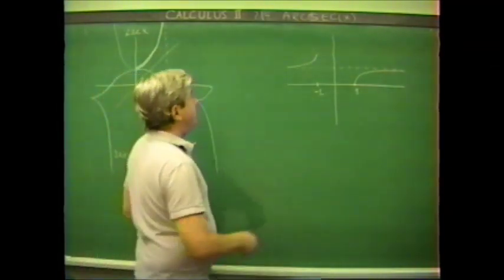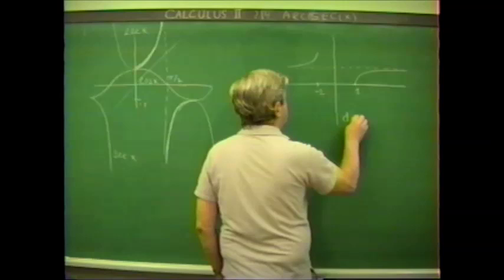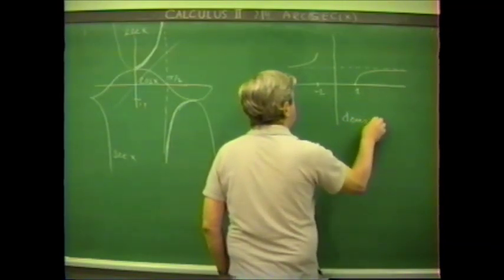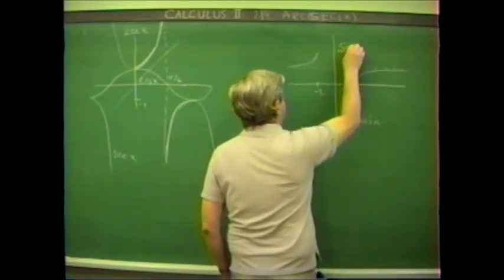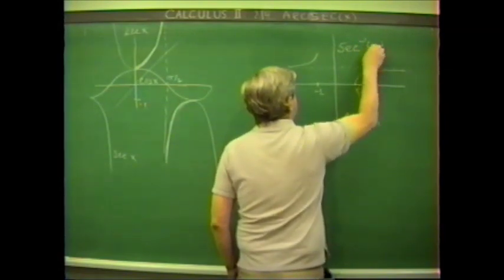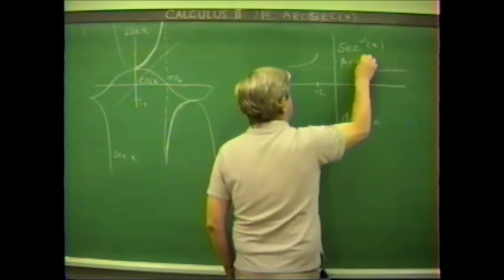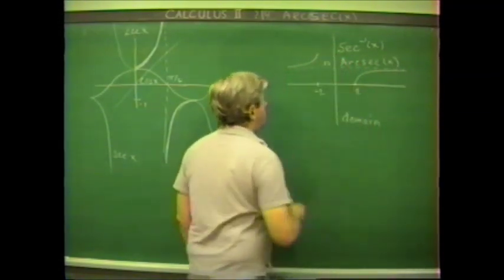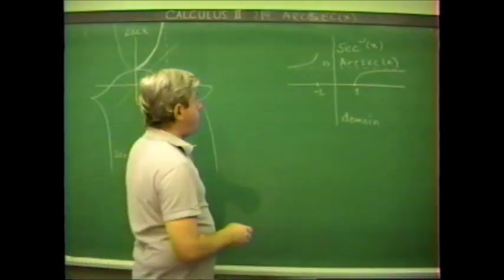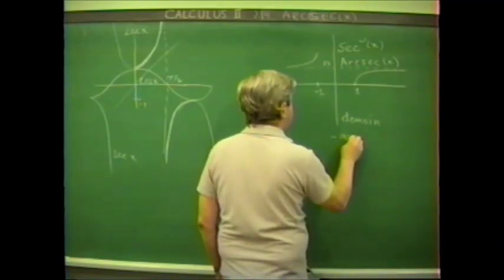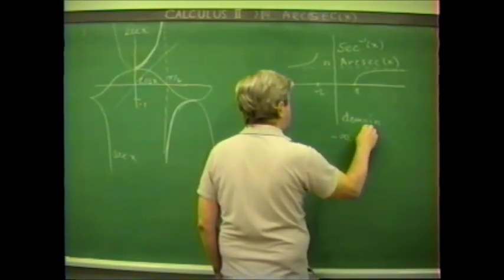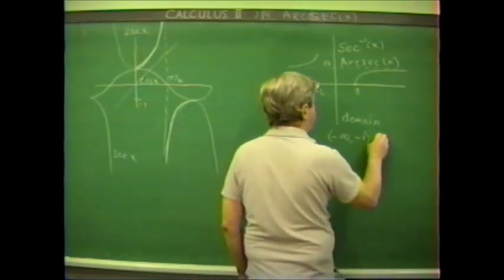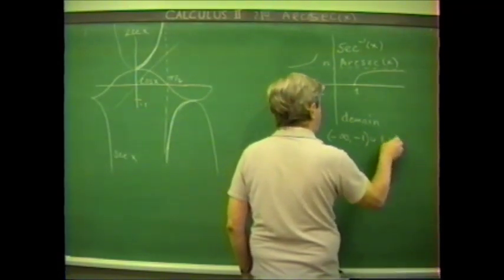So that the domain, this is the secant inverse, or arc secant, the domain is going to be minus infinity to minus 1, excluding the minus 1, along with 1 to infinity.